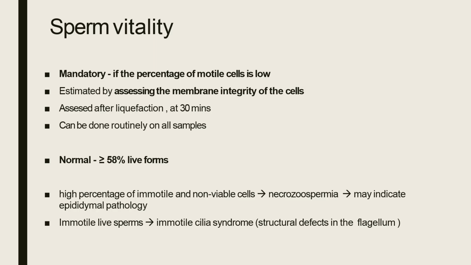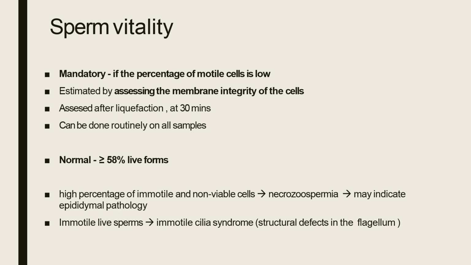Observing sperm vitality, that is the alive and dead number of sperm, is important if the percentage of motile sperm is low. If the percentage of motile sperm is low, we consider that they may be dead. So we have to see whether the immotile sperms were dead or alive.